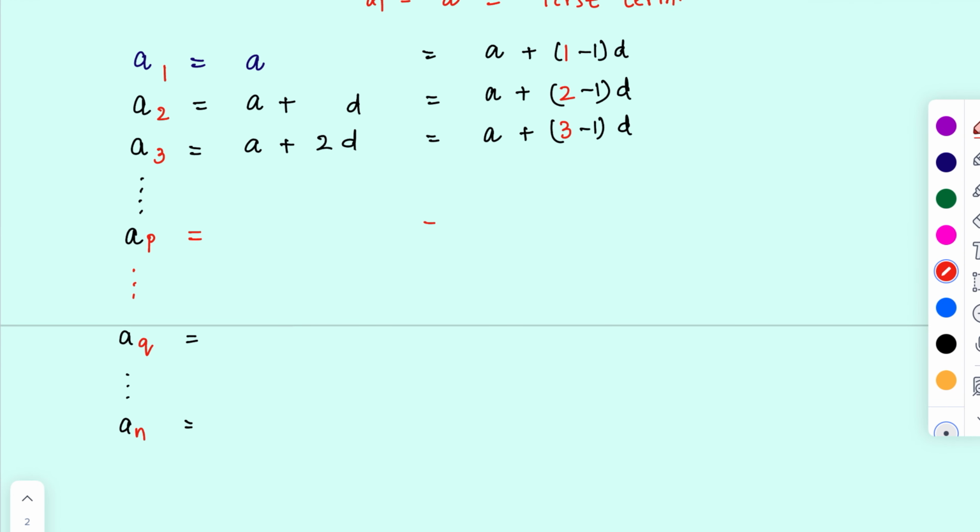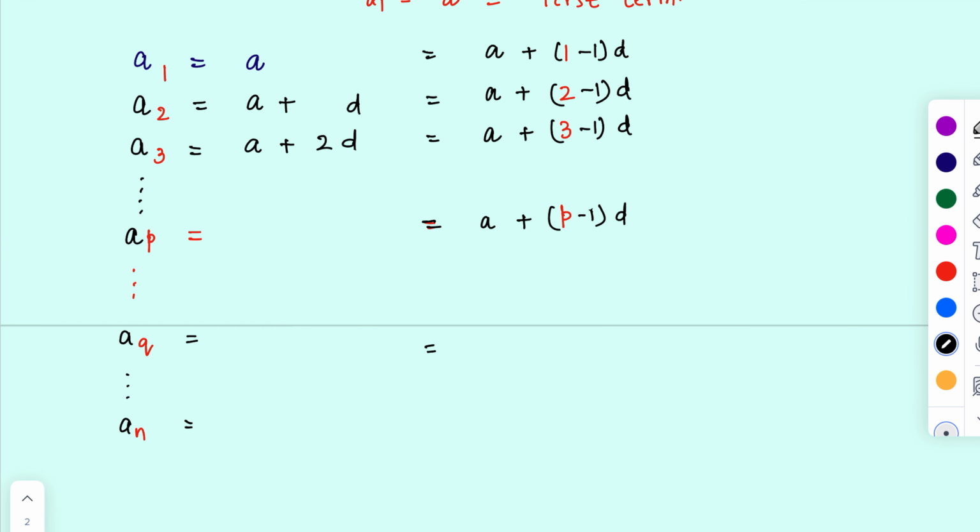Similarly, the pth term now we can write it as a plus p minus 1 into d.